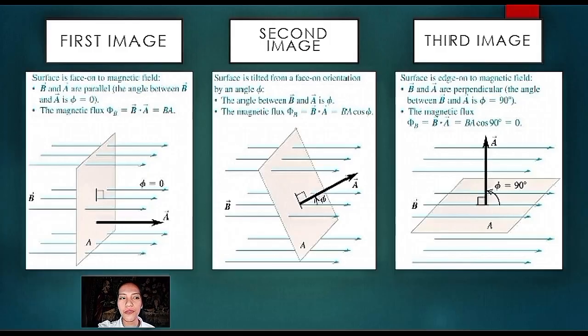When the surface is face on, the flux is maximum, and when it is edge on, the flux becomes zero. Learning magnetic flux is important because changes in flux directly lead to induced electromotive force, or EMF.